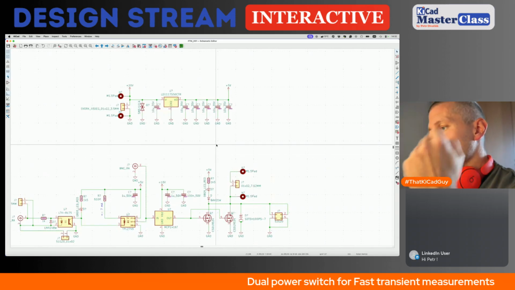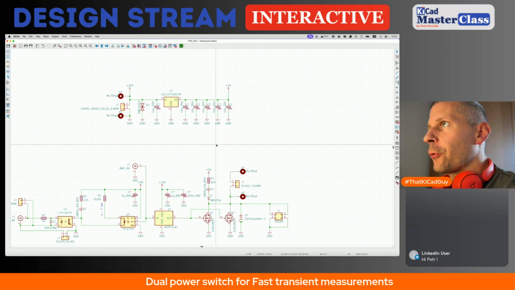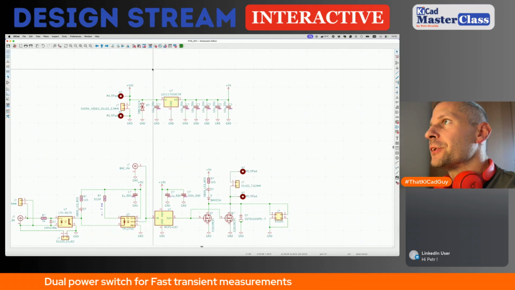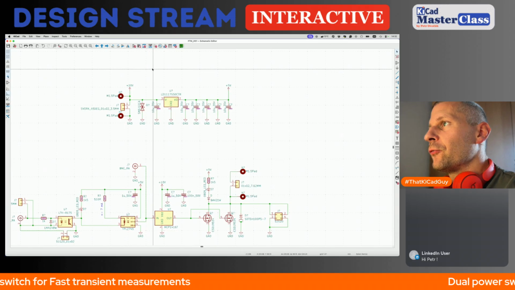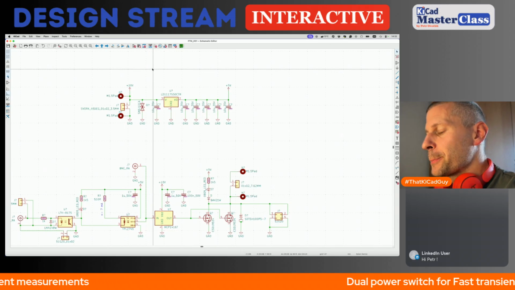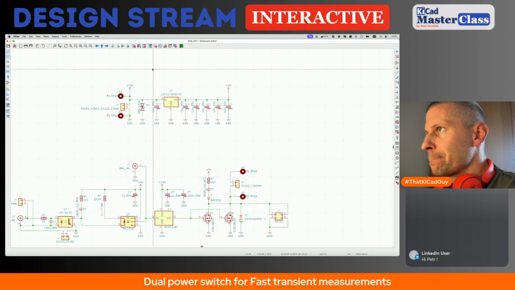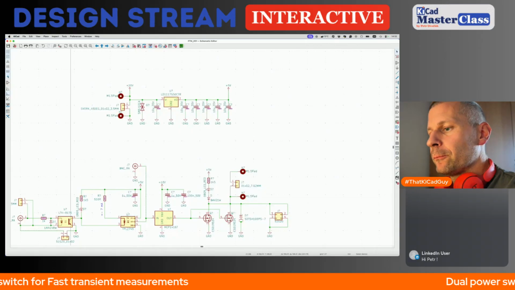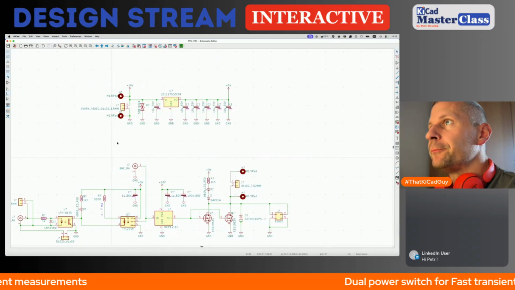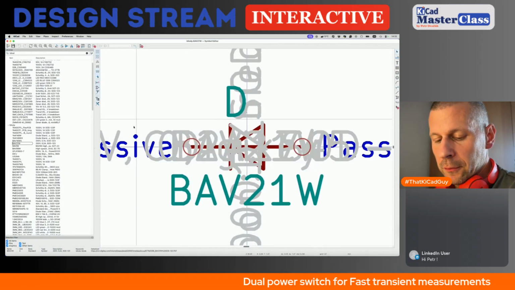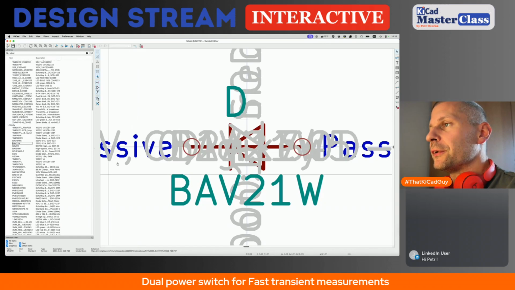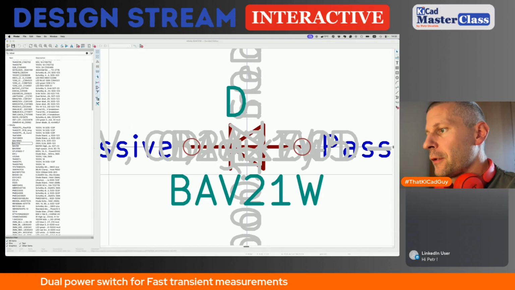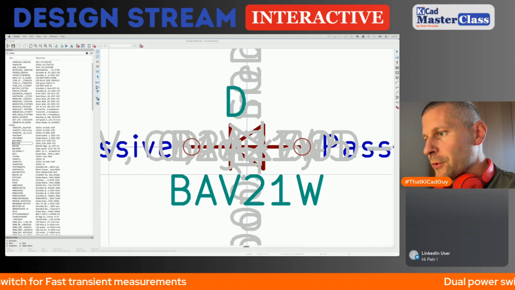Other option would be to use the buck converter for high current switching capabilities, which is not a bad idea. We can use the LMR as I used before. Let me check.